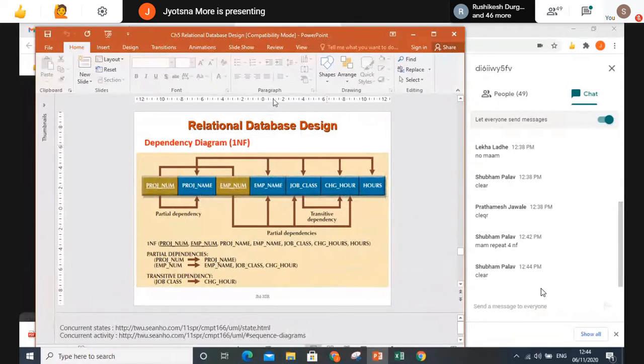Now, in exam, they will give you such a diagram. This is there. Divide this or identify the normalization up to 3NF or up to BCNF. So you have to solve that. Based on this, all of you just draw this diagram which is given over there.